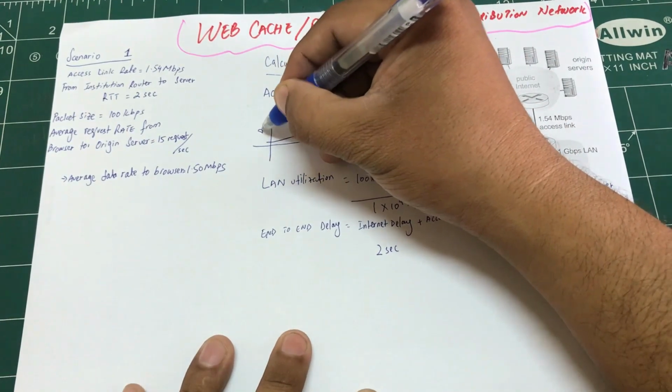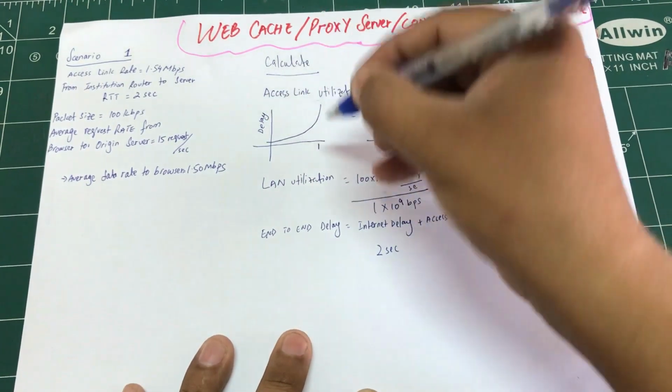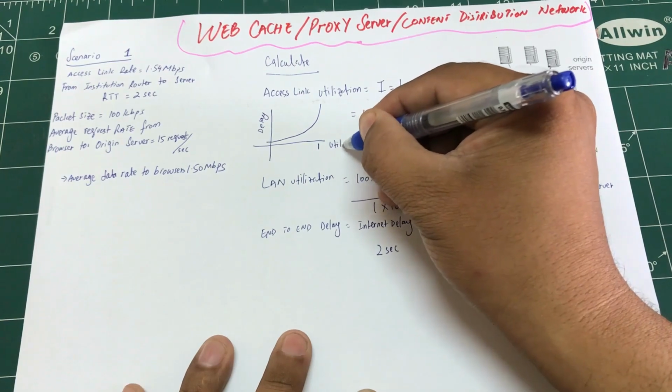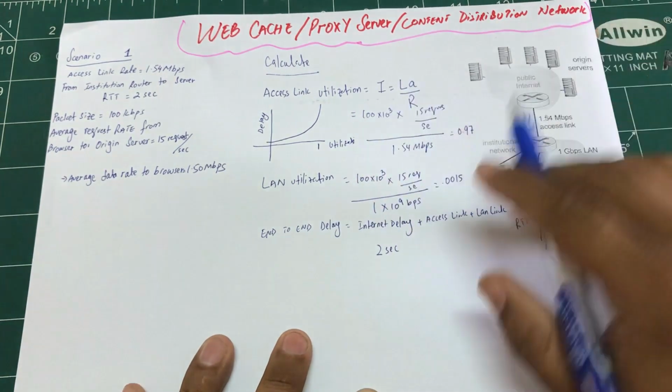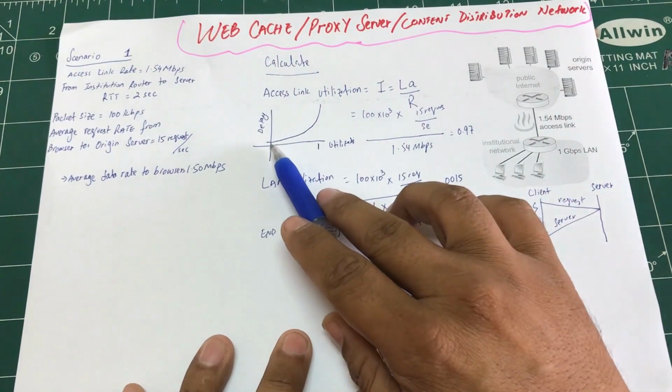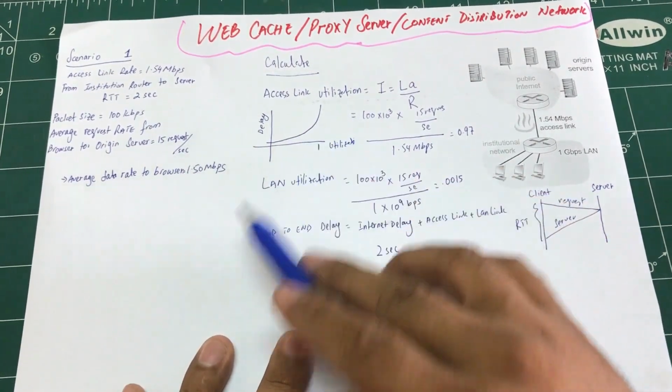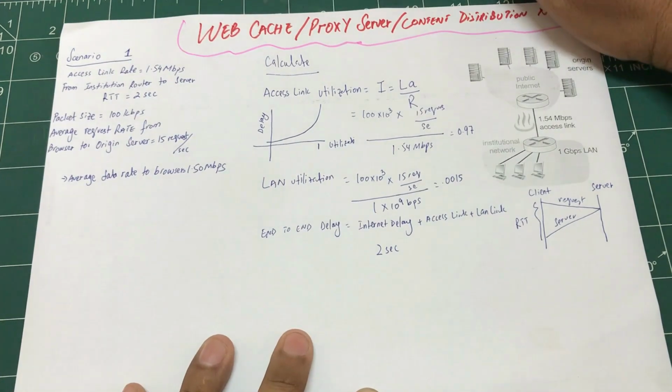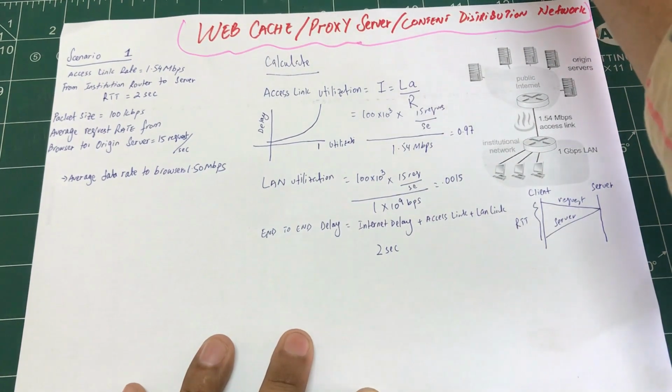So this is your delay and this is your utilization. If my network is 100% utilized, this graph shows that my delay will go out of bound, which means it will be an infinite delay.